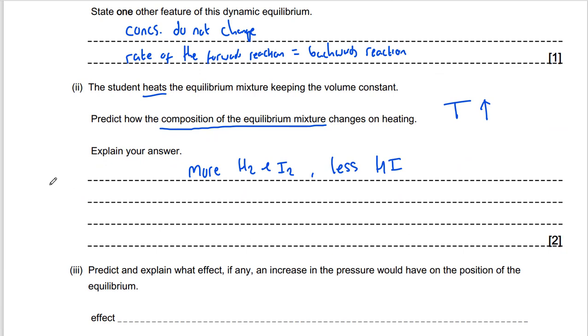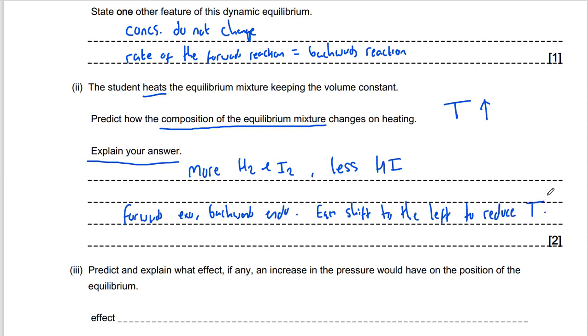And the reason, so the second mark here is explaining the answer, is because forwards reaction is exothermic, so forwards is exo, backwards endo, and the equilibrium, I'm just going to write EQM for equilibrium, will shift to the left to reduce temperature, or to lower temperature. Just reduce T. There we go. And there's your 2 marks.